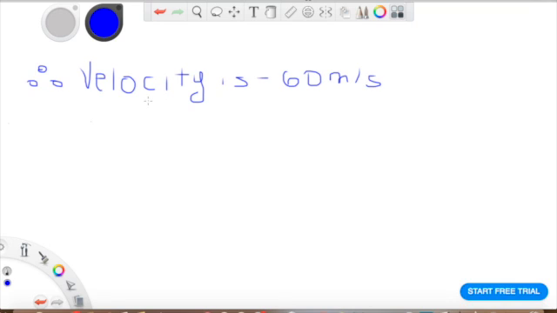So our velocity is negative 60 meters per second when acceleration is 0.